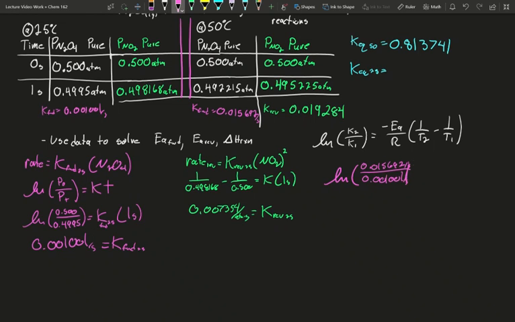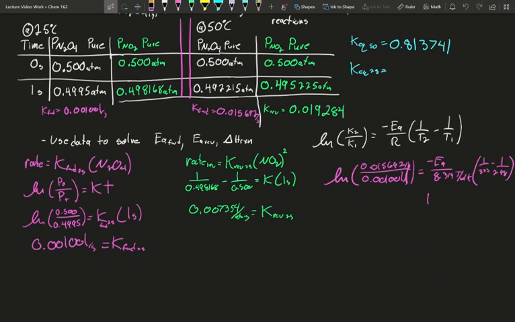Our units will cancel out. All that's going to be equal to the negative activation energy over 8.314 joules per mole Kelvin, times 1 over 323, our temp 2 is 50 Celsius, minus 1 over 298, our temp 1 is 25 degrees Celsius.